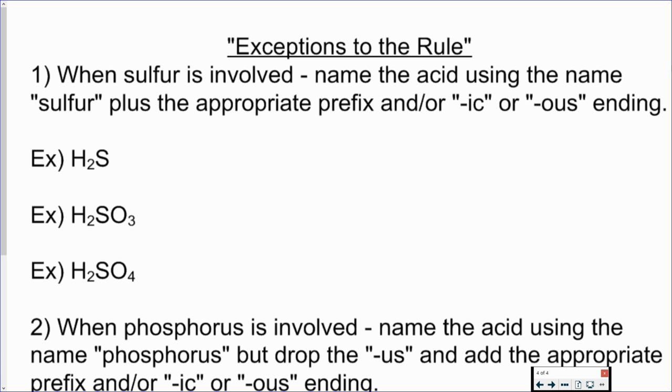Special case number 1 has to do with all sulfur acids. Instead of changing any of the words or dropping endings, we always start with sulfur and then we add our prefixes and endings. So, for example, on this one, it would be sulfide. However, you're going to start with sulfur. It has no O's, so it must have a hydro.